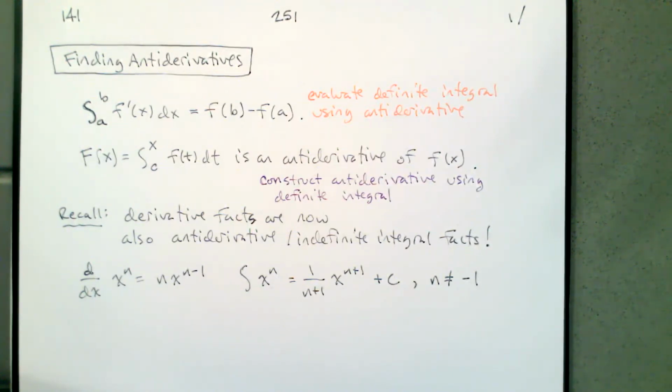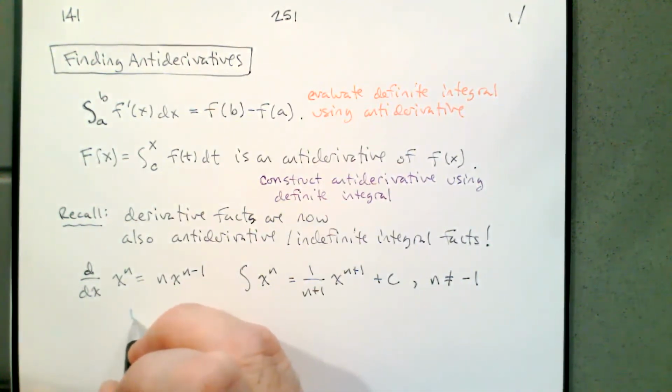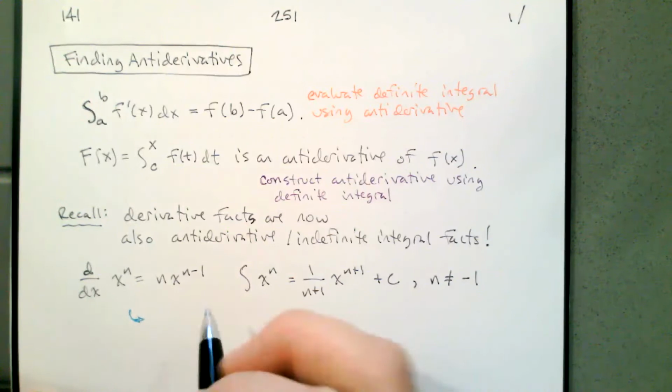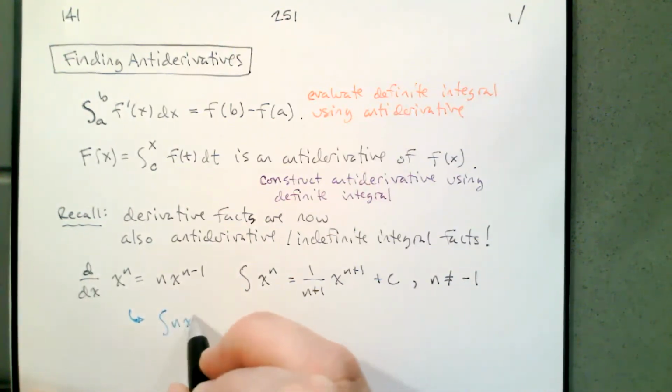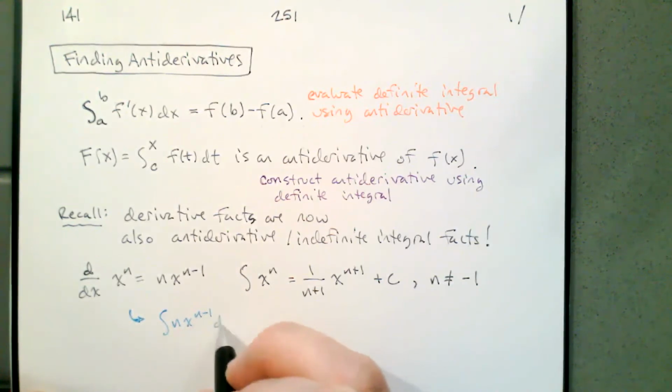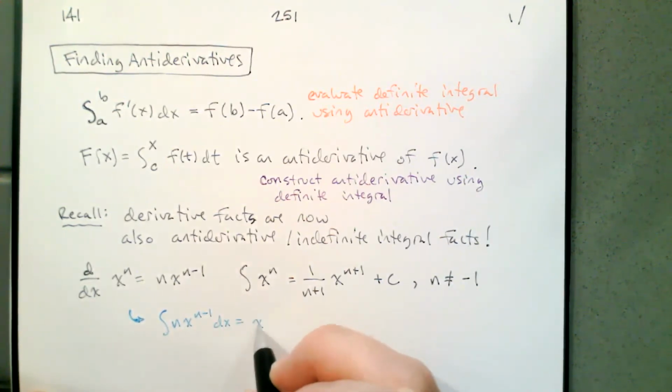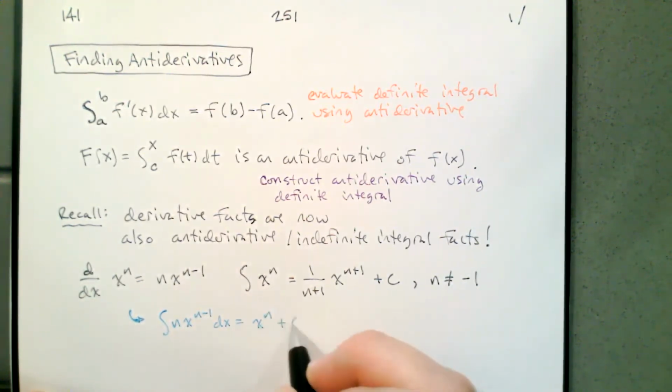What's happening is we're just turning our derivative statement around. The derivative of x to the n is nx to the n minus 1. So as an intermediary, we could say the integral of nx to the n minus 1 dx is plain old x to the n plus some constant.